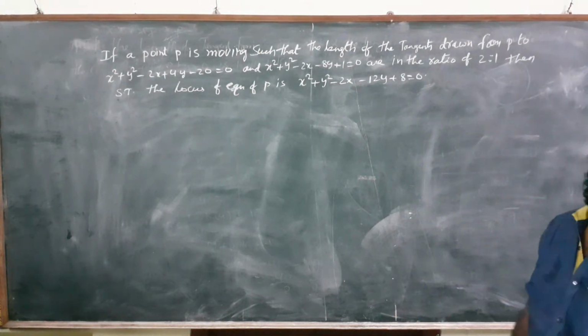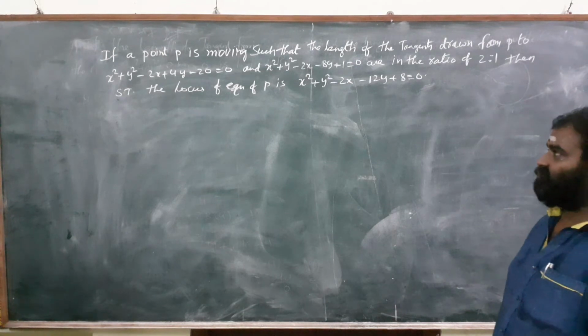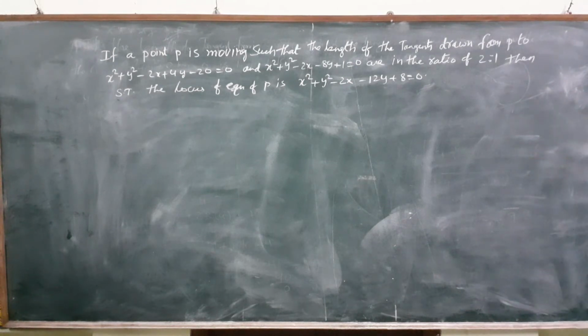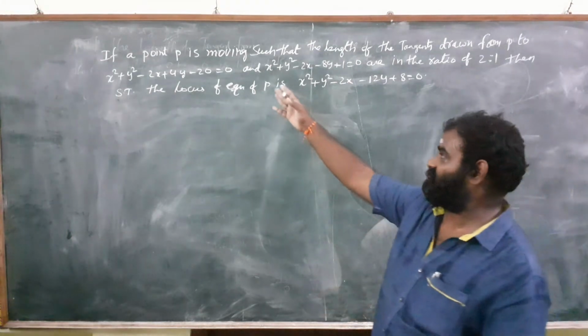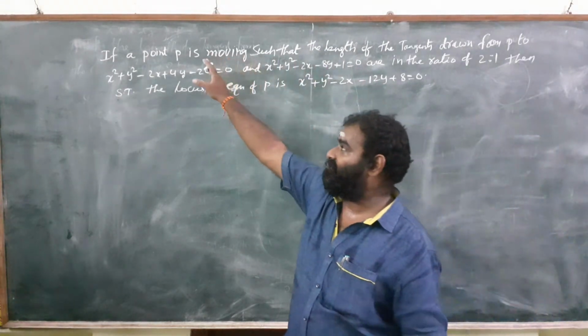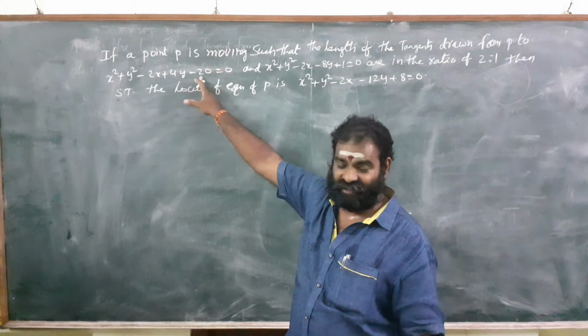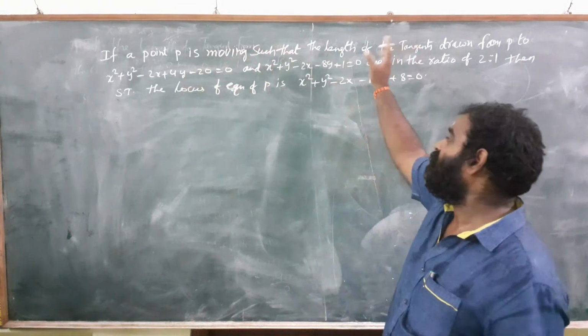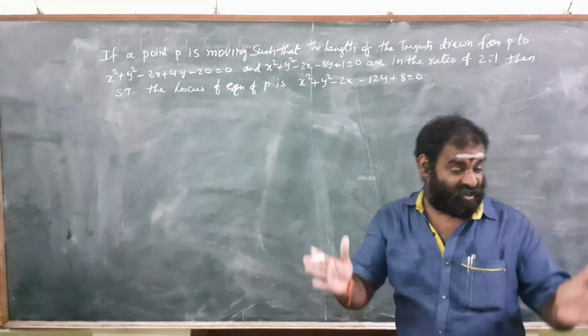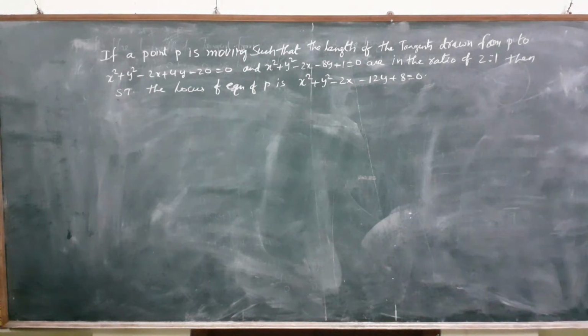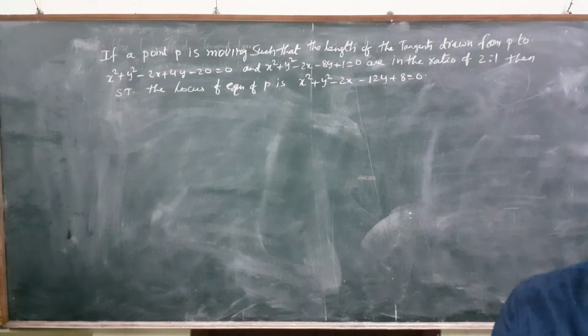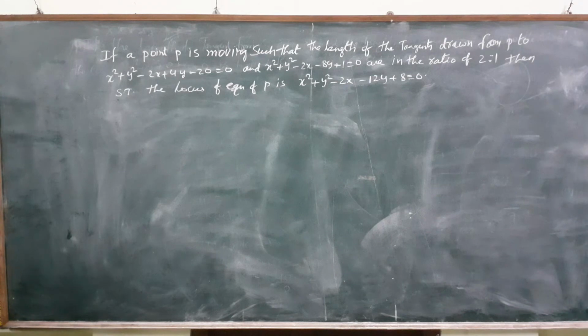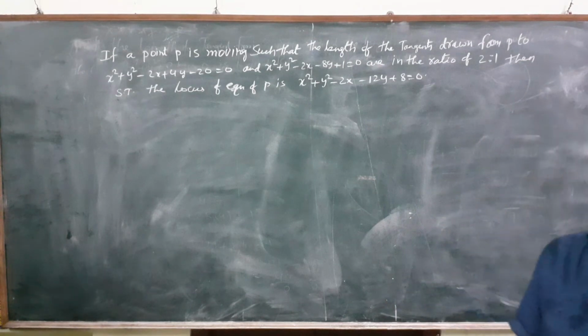There is a point P which moves such that the lengths of the tangents drawn from P to 2 circles are in the ratio of 2:1. Then show that the locus of P is x square plus y square minus 2x minus 12y plus 8 equal to 0, like that.